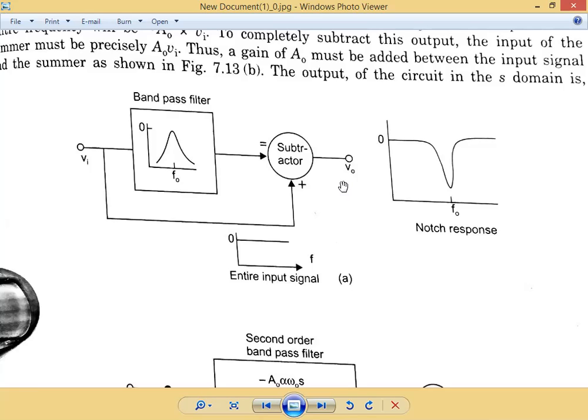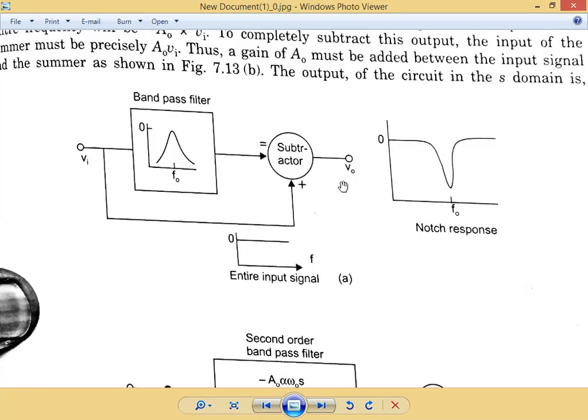Inverted output means the output will be negative. This will be given to a subtractor, and then we are going to obtain a notch filter.